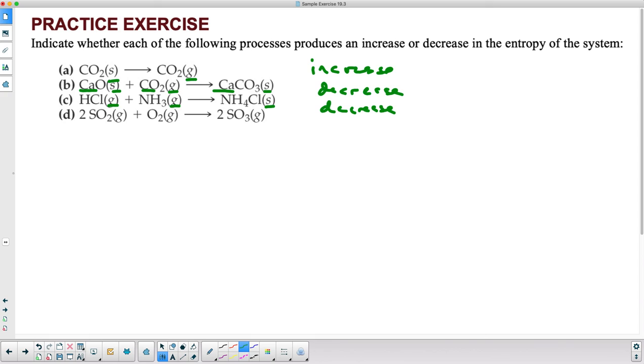So here we have 2 moles of this gas, 1 mole of this gas, and we only have 2 moles of the other gas. I would say that this is probably going to be another decrease because I only have 2 moles on the right-hand side where I have 3 moles on the left-hand side, which means you probably have fewer microstates, so that'd be another decrease. I hope you guys did well with this.